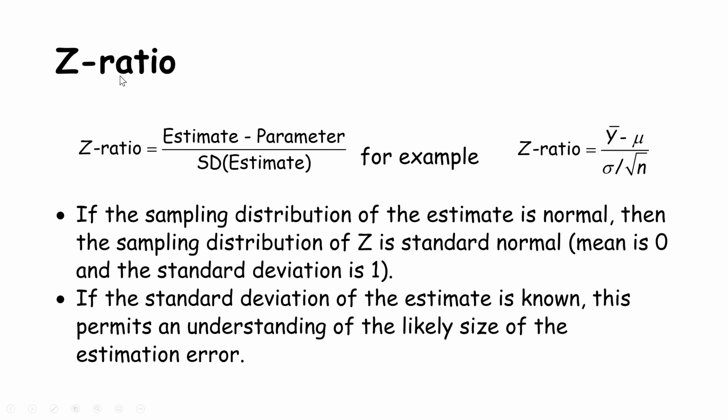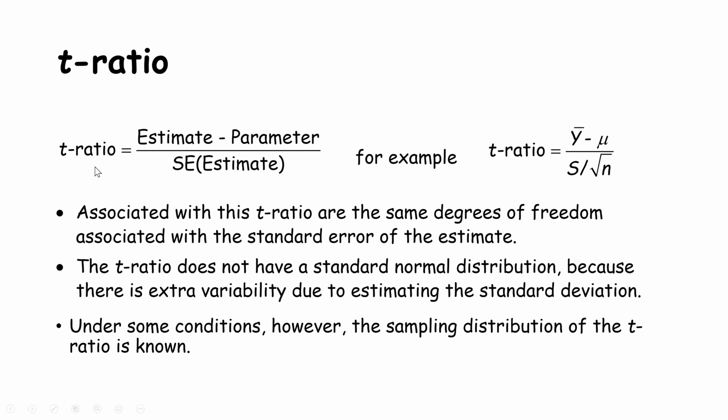Now the Z ratio: an estimate minus the parameter, divided by the standard deviation of the estimate. For example, this will be the Z ratio for y bar. Most likely we don't know sigma, so we will estimate it, and the Z ratio becomes something else: the T ratio that I have here.